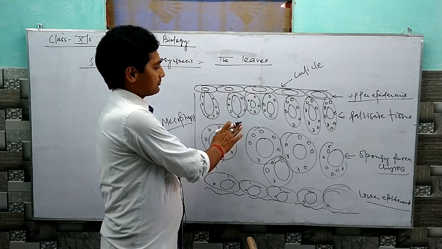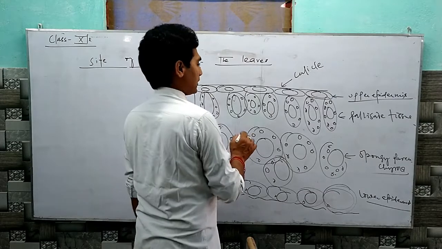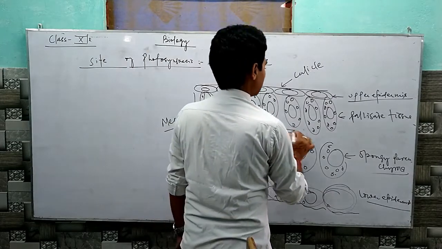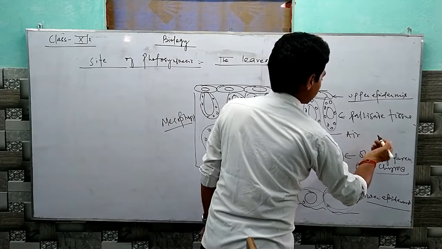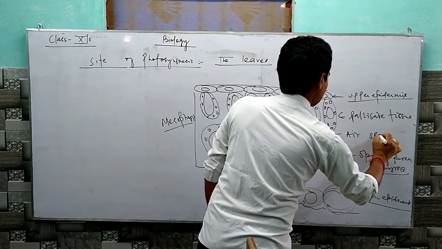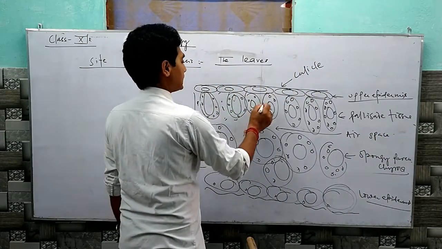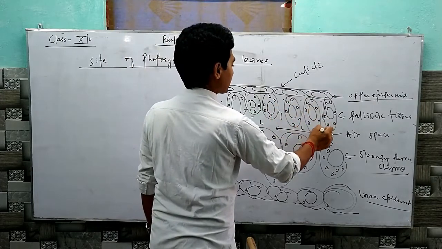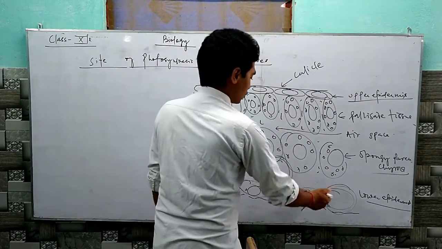In the mesophyll layer, the cells are loosely arranged, having a large cellular space, that is, the air space. A thin film of water is also present, which undergoes photolysis during the process of photosynthesis. And this is the lower epidermis.